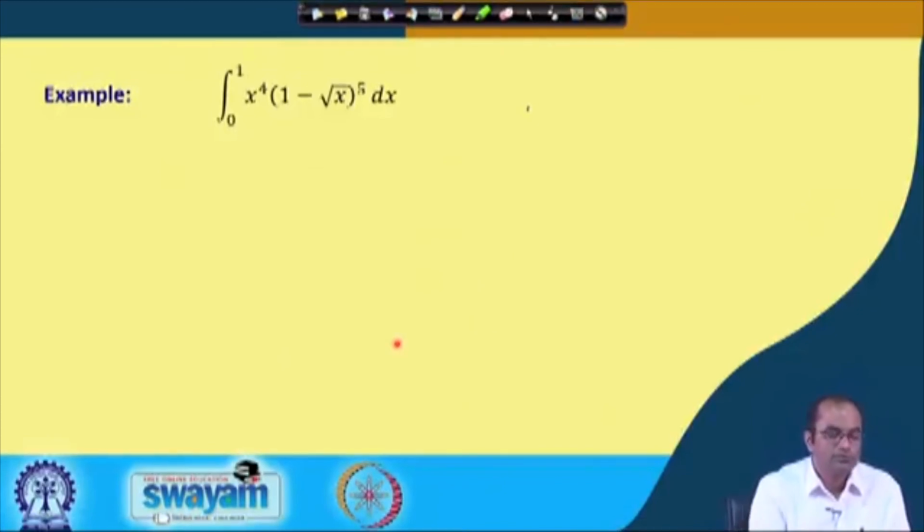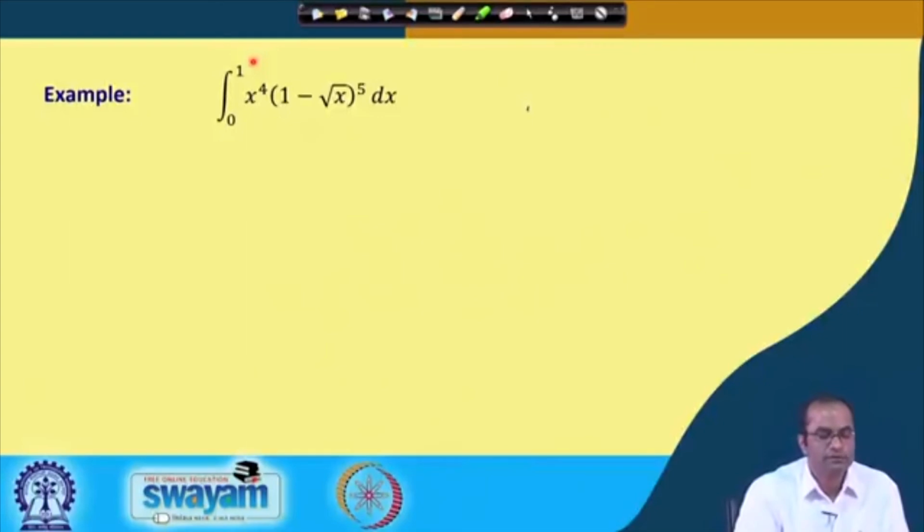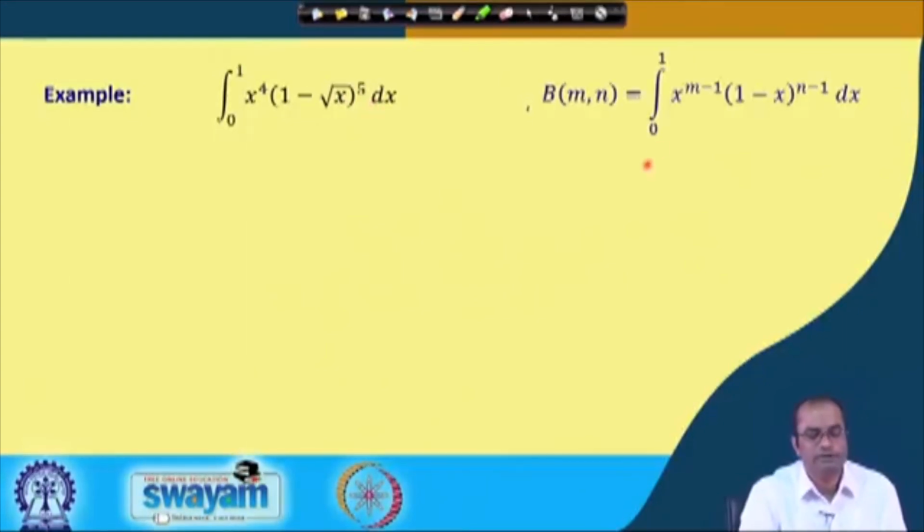Just an example to show: if we have this integral which we want to evaluate, 0 to 1 x power 4 times 1 minus square root x power 5 dx, we know the definition of the beta function. Sometimes it is difficult to recognize, but in this case it is not so difficult. By some substitution we can easily convert it into this form and then evaluate.